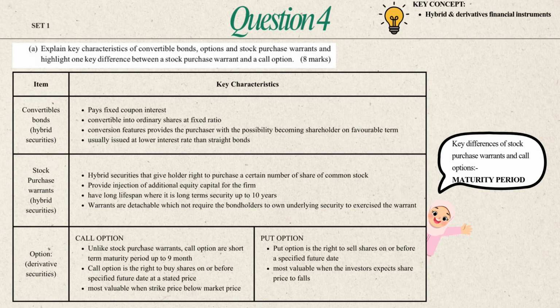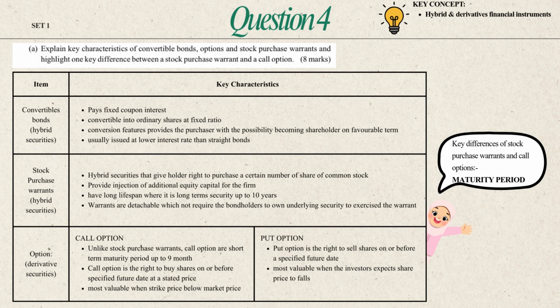Moving on to the next, which is the option. Unlike convertible bonds and stock purchase warrants, options are an example of derivative securities. Options have two types, a call option and a put option. A call option gives the right to buy shares on or before a specified future date at a stated price.